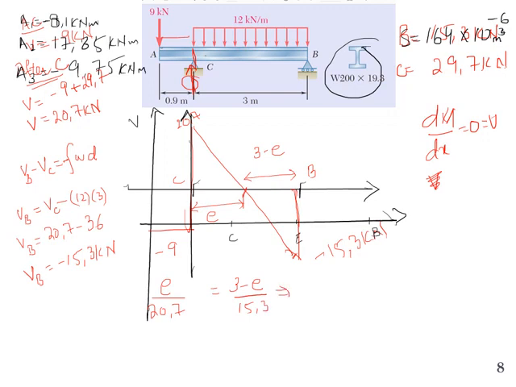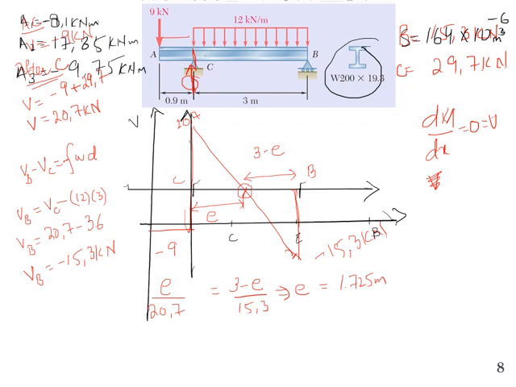By solving it, the value of E is equal to 1.725 meter. So from C, the shear force will be 0 at 1.725 meter on this location, and over here we will have maximum bending moment.